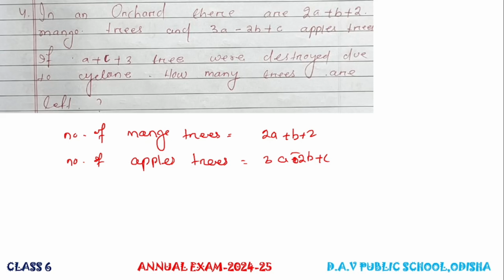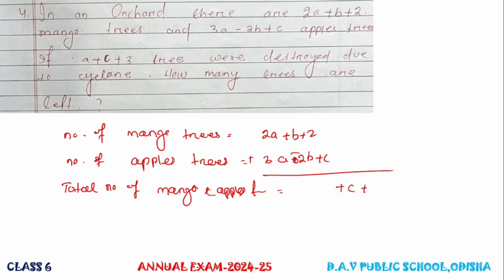First of all, find the total trees in the orchard. Total number of mango and apple trees equals the addition. c plus 2, because c and 2 are single, there is no like term. Now minus 2b plus b, that is minus b, and here is 5a.